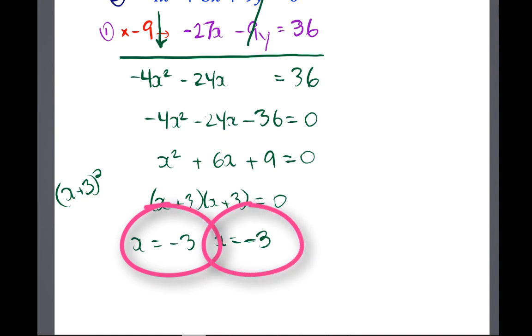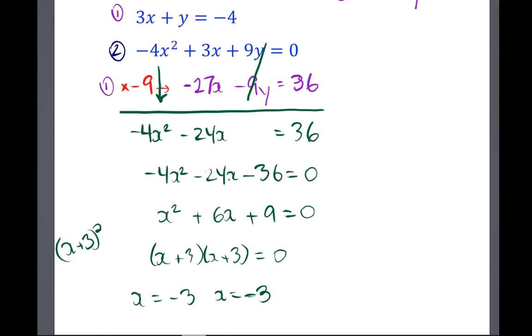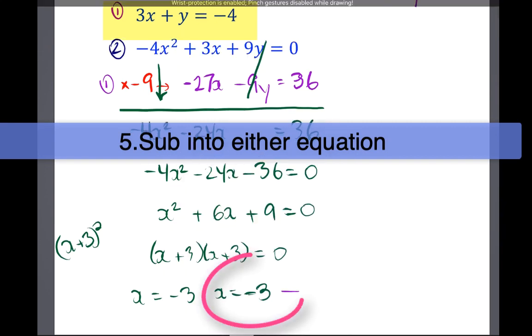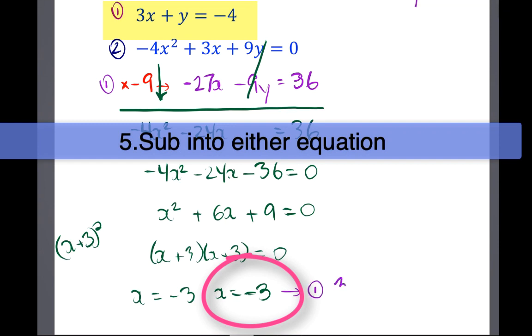Let's take the x equals -3, whichever one you prefer, and let's sub it into one of these equations, either equation number 1 or equation number 2. And just like before, I hope you're going to agree that equation number 1 looks to be the best equation to sub into. So we'll sub this into equation 1, which becomes 3x plus y equals -4.